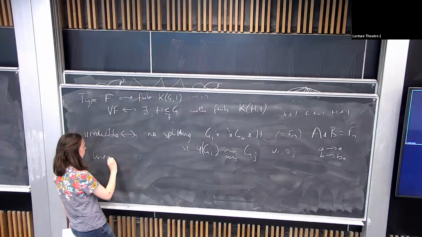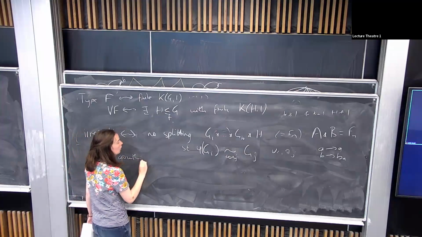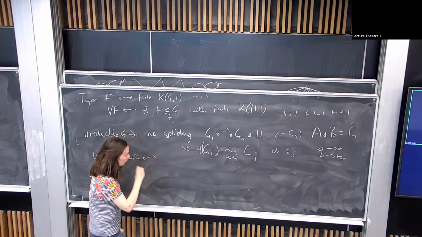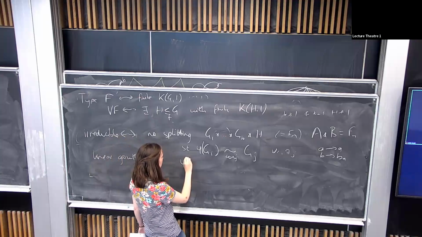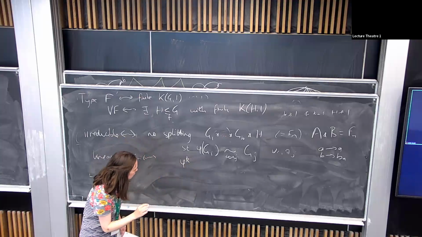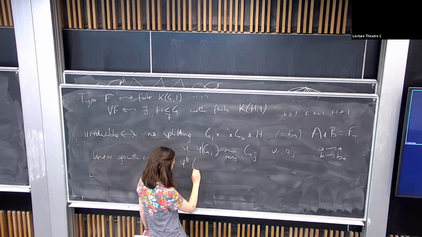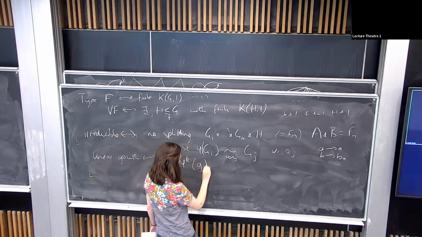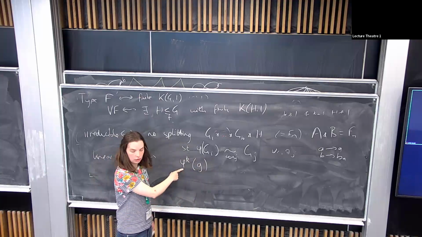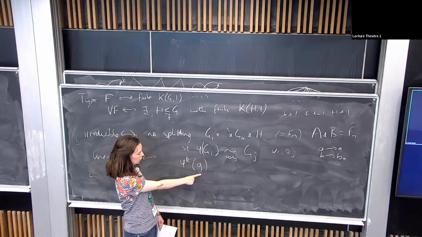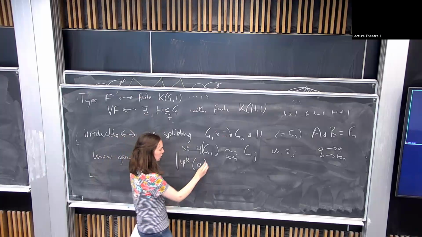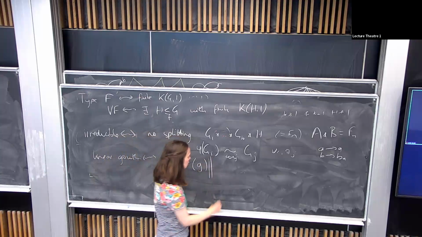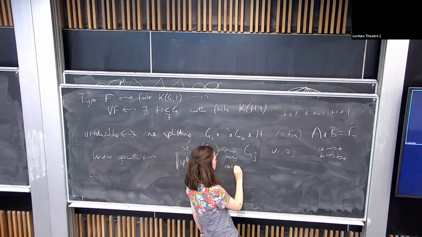Linear growth means the following. I apply my automorphism several times to my favorite element. And then I'm going to take some kind of length on this, and I want this to be conjugacy length.